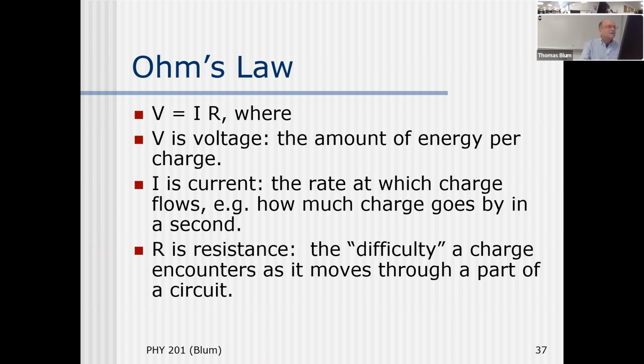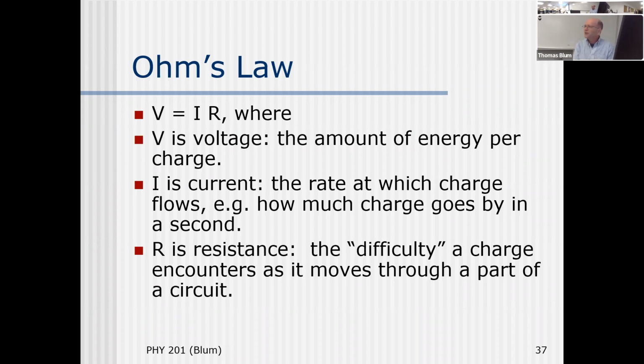Okay. V equals IR, Ohm's law. We did all the basics last week, but V is the voltage, and it's an energy per charge. I'll often talk about the charge having some energy when it leaves the battery and having no energy left when it gets back to the other side of the battery.